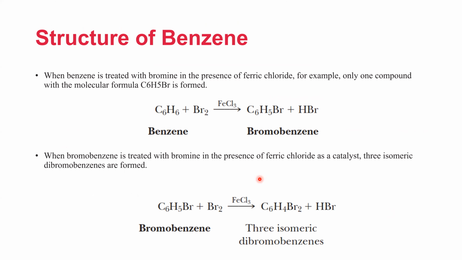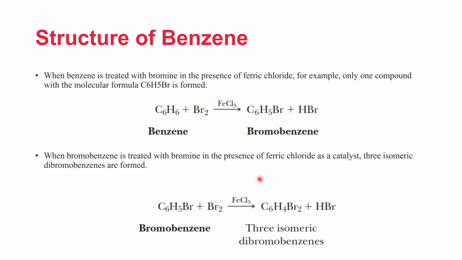Now, the important thing is the structure of benzene. If we compare it with the previously discussed unsaturated hydrocarbons, alkenes and alkynes, we have seen that the pi bond is very vulnerable to addition reactions under simple conditions. If you react them in the presence of light and some heat with a halogen or acid halide, they go through addition reaction.